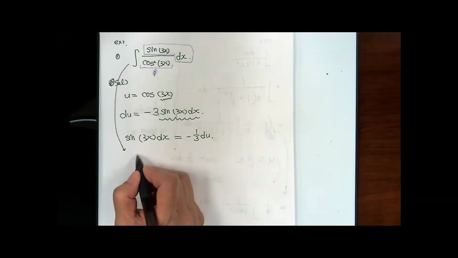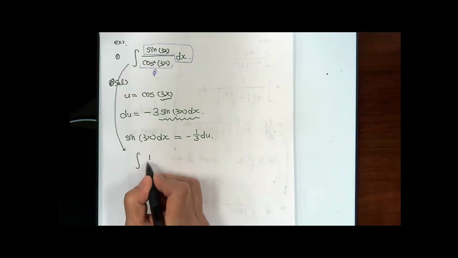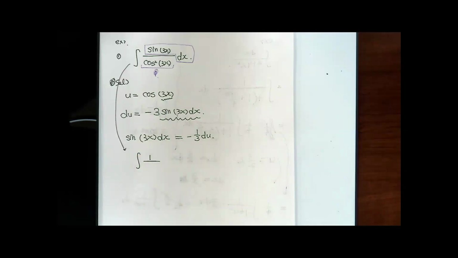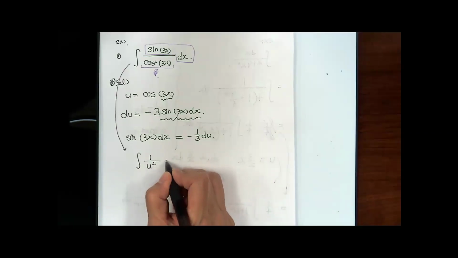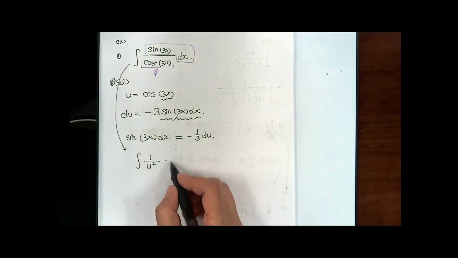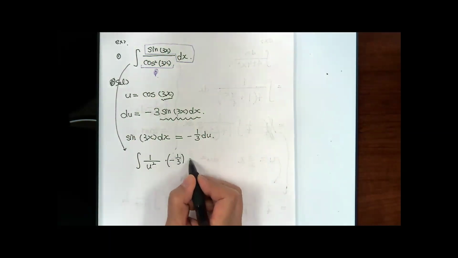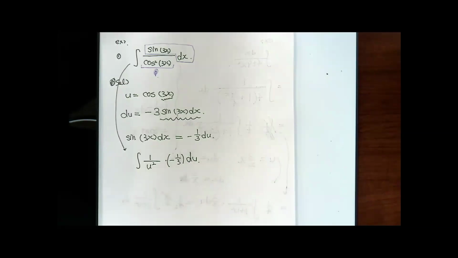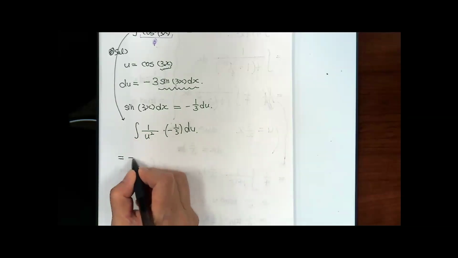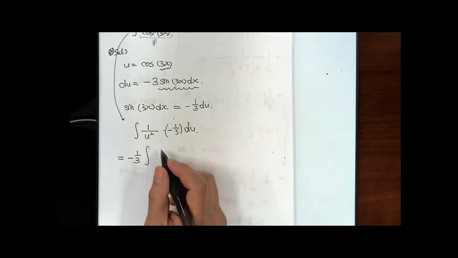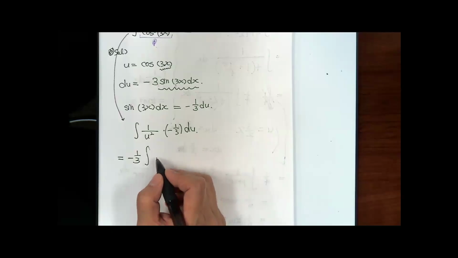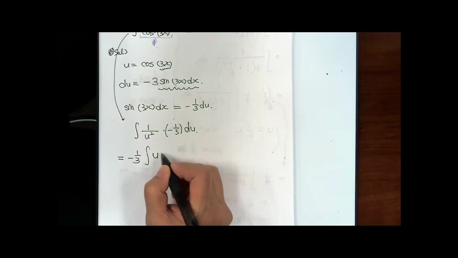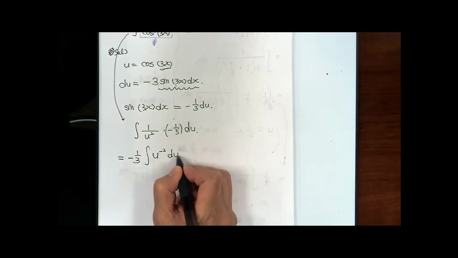The given integration can be rewritten as 1 over, cosine 3x is u, and cosine squared is u squared, times sine 3x dx is minus 1/3 du. And then we can write the constant in front of integration, and 1 over u squared is u to the negative 2 power du.